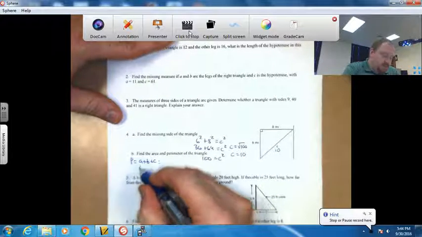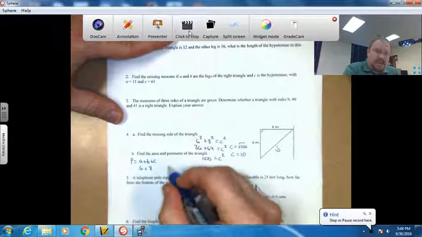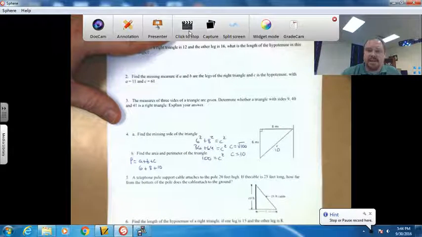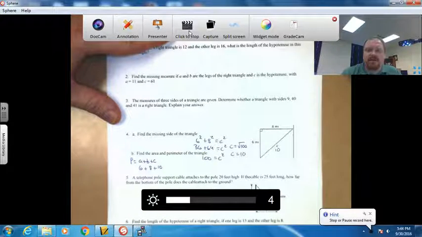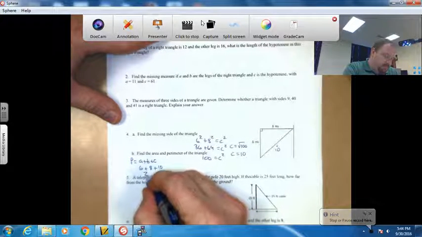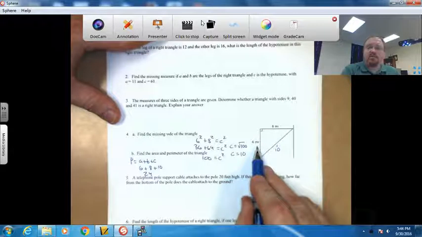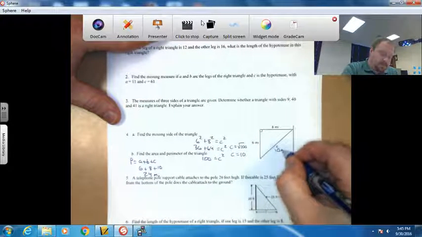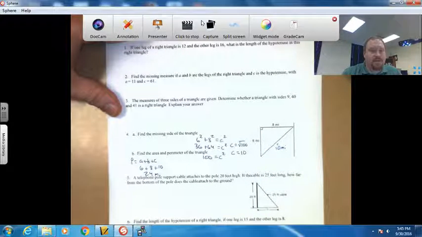So 6 plus 8 plus 10. Well, 6 plus 8 plus 10, if we type that into our calculator, will give us 24. And these units are miles. Don't forget to include your units.